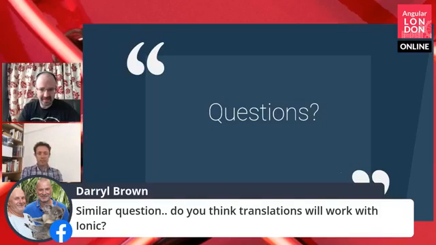Will the translations work with Ionic? I'm pretty confident, again, that if you're doing compile time, there's nothing particularly Angular specific about $localize. We designed it actually to be almost completely standalone. You could use it in a non-Angular scenario if you wanted, because you can just call the $localize methods, or you can tag your messages with $localize in any way you like.